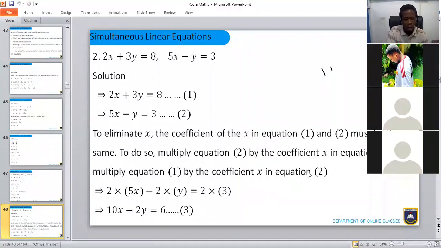So I'll multiply the whole equation 2 by the coefficient of x in equation 1. That will give us 2 times 5x minus 2 times y is equal to 2 times 3. Then we get 10x minus 2y is equal to 6.